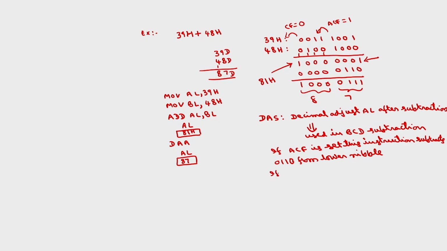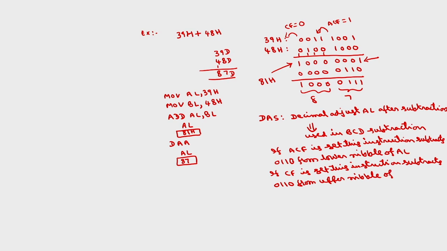Similarly, if the carry flag is set, this instruction subtracts 6 from the upper nibble of AL. This instruction also works only on the AL register.